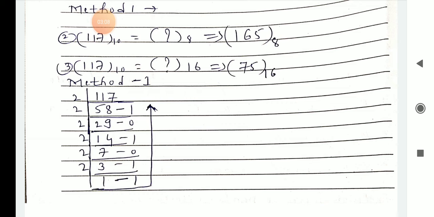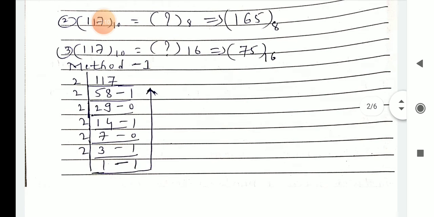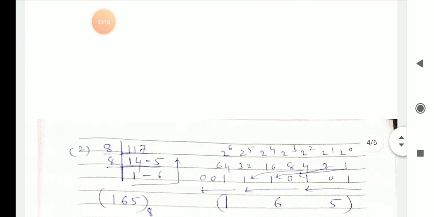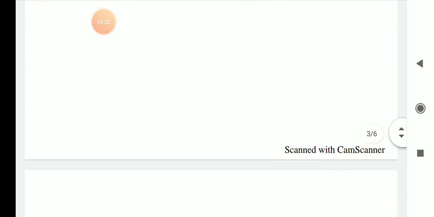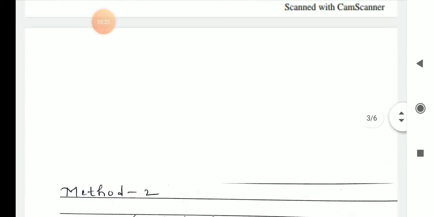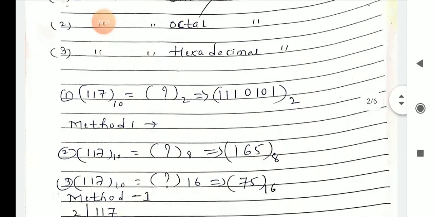Like that you continue, and you get 1 1 1 0 1 0 1, which is the binary representation of the decimal number. That is the first method.